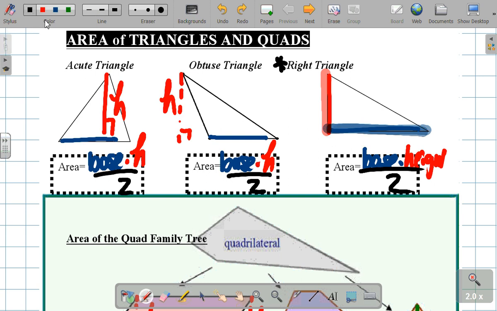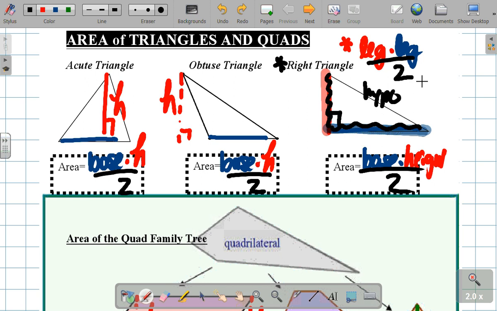Think right triangle. It's the what of the right triangle? What do we call those? That's the hypo. These are the legs. So this is the equation I want you to use for right triangles. One leg times the other leg over 2. And that's because on ALEKS today, you're going to see right triangles rotated like this. And right there, that yellow part, that is not the base.